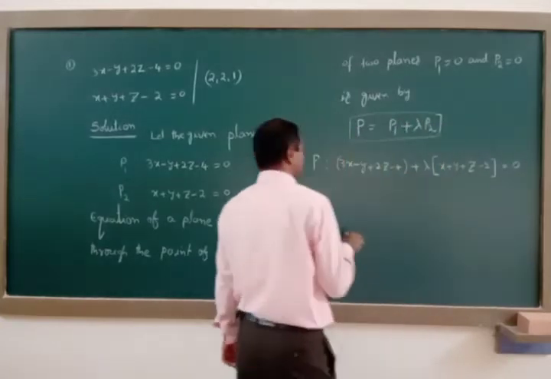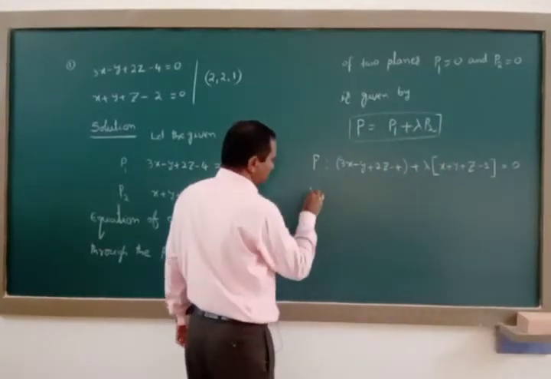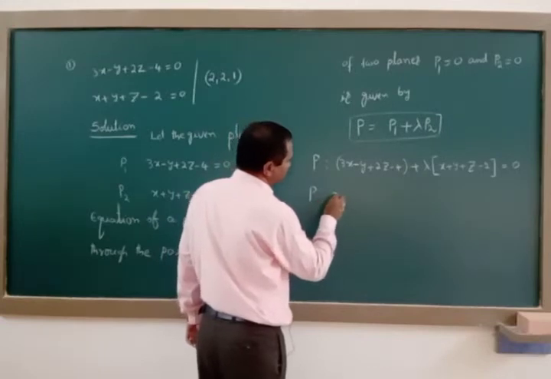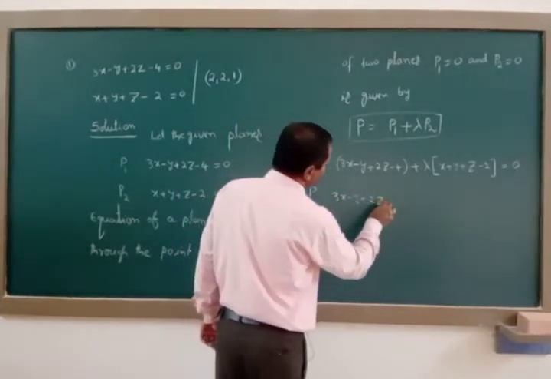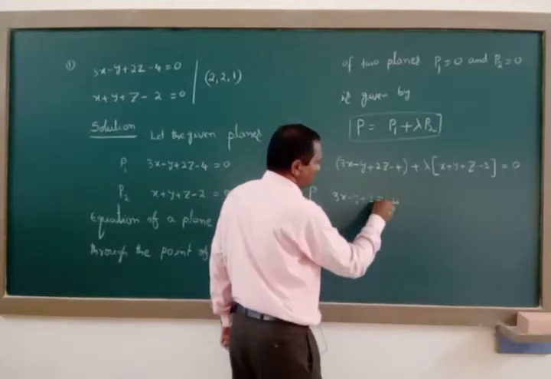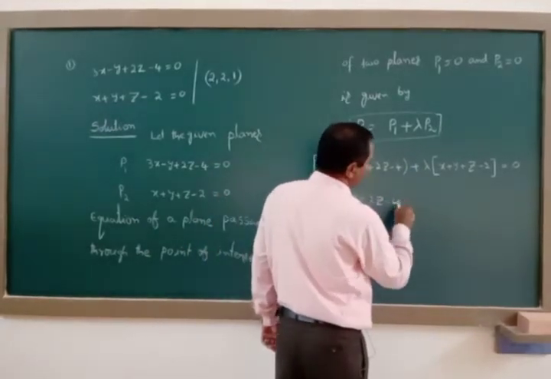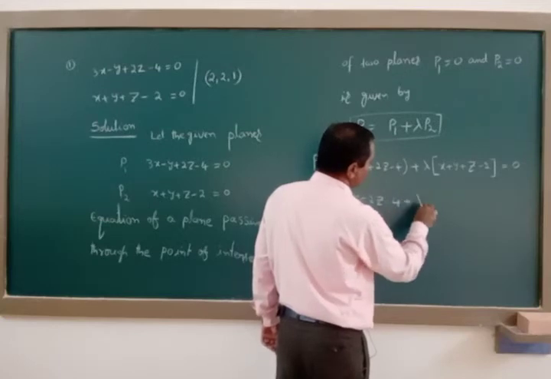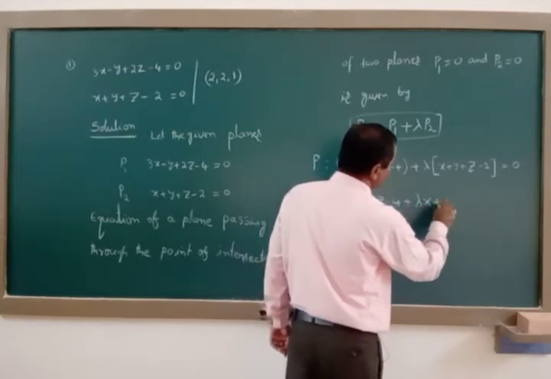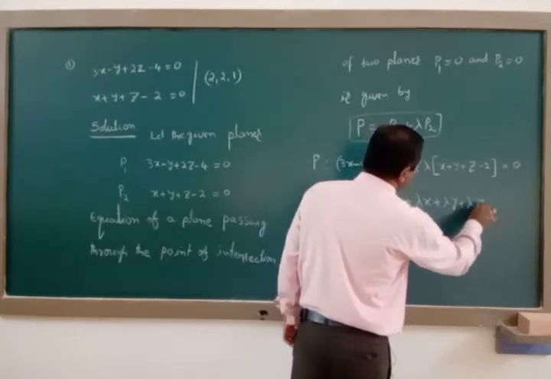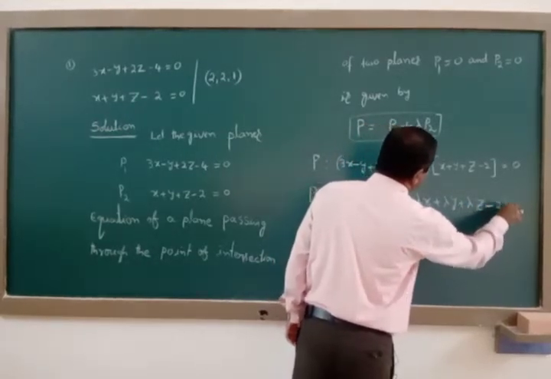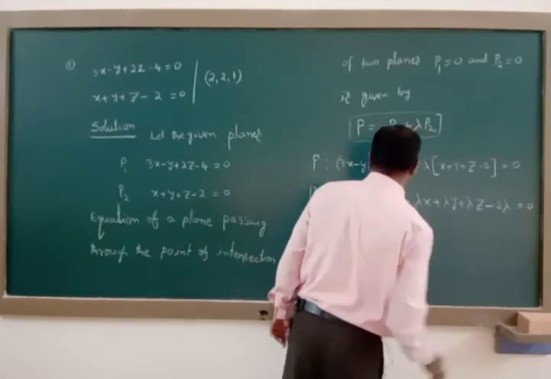That is, 3x minus y plus 2z minus 4, and multiplying with lambda, we get lambda x plus lambda y plus lambda z minus 2 lambda is equal to 0.